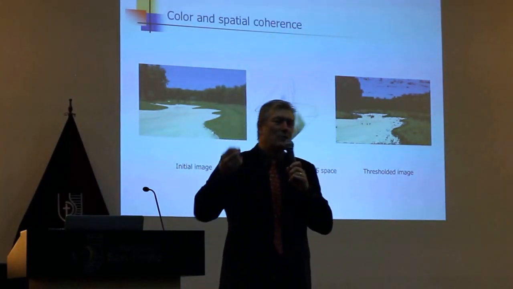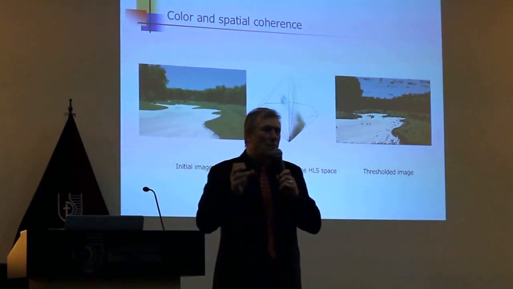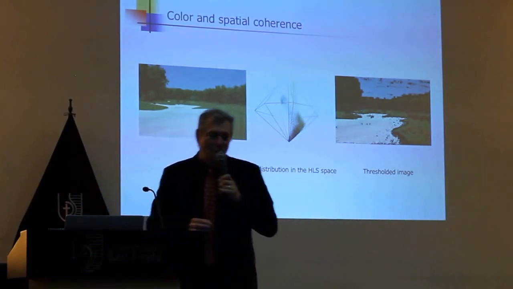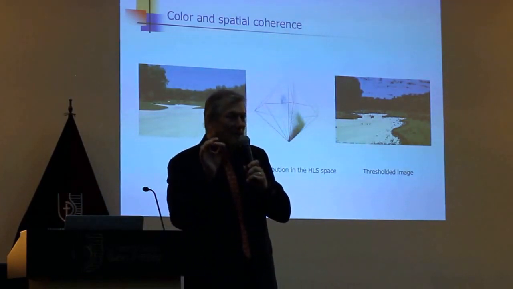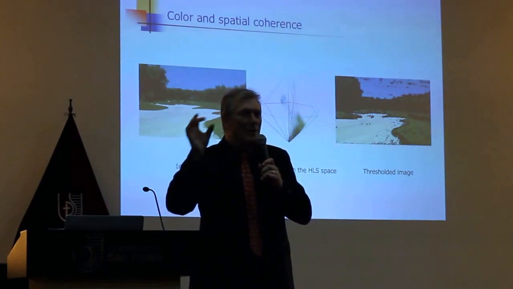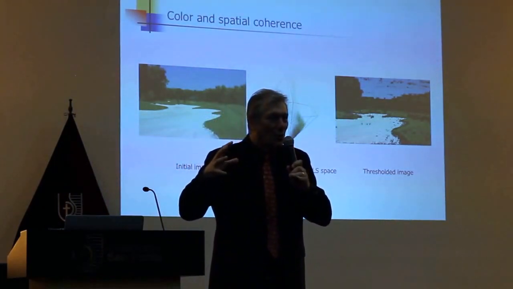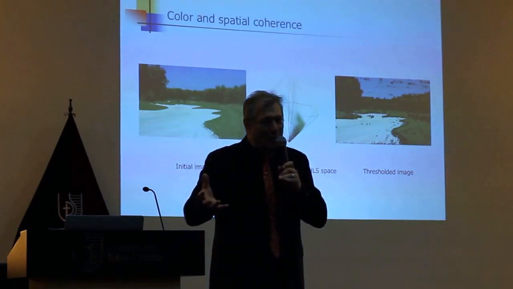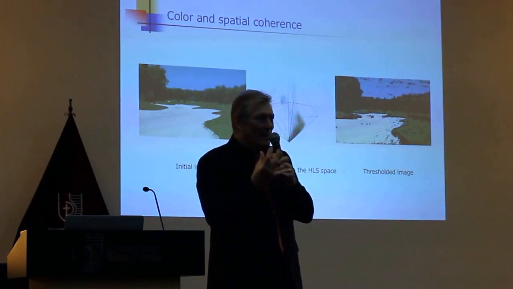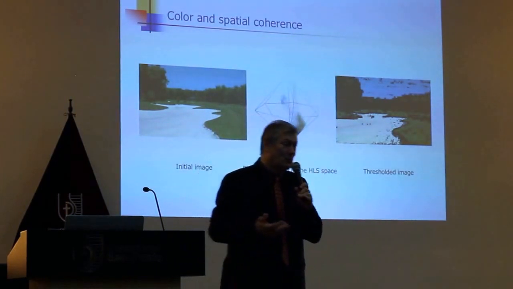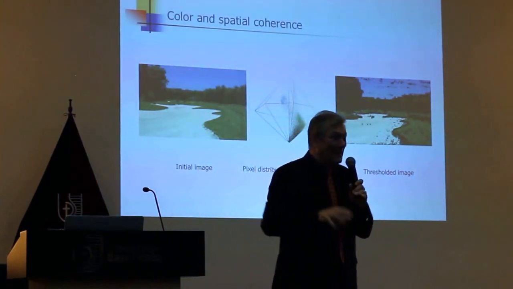Simply by using a digital representation of the HLS space. That is, instead of looking for the exact value of RGB or HLS, we want to catch all the values that are similar, that are close, in a single cell, like we do in the Hough transform. I think you know about the Hough transform. I talked to you about that.